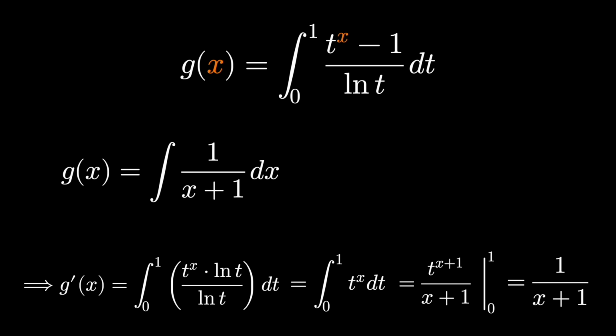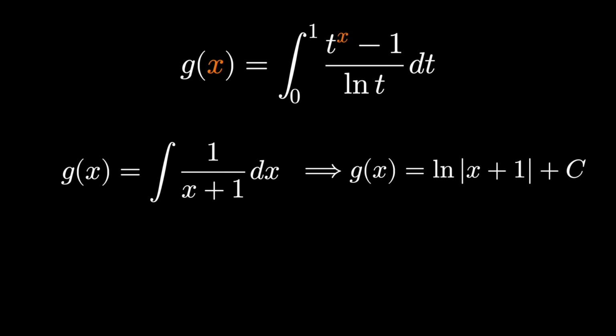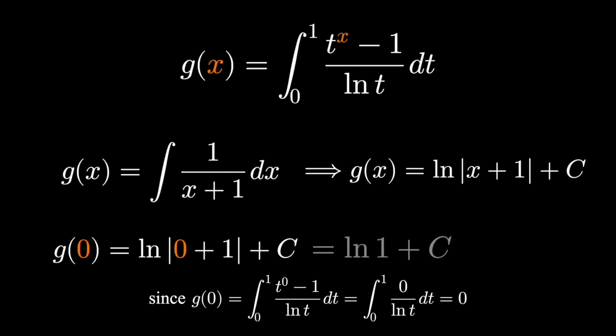If we take the antiderivative of 1 over x plus 1, it's natural log absolute value of x plus 1, and we need a constant plus c. This works out pretty nicely because if we substitute 0, natural log of 1 is 0, and so c is 0 as well. Our function is just natural log absolute value of x plus 1.